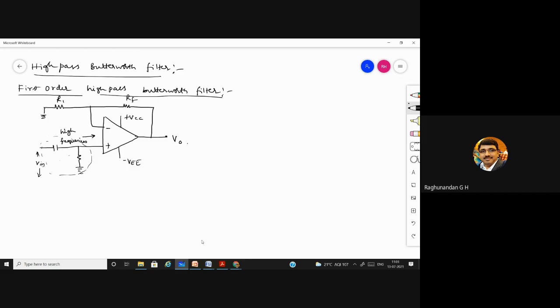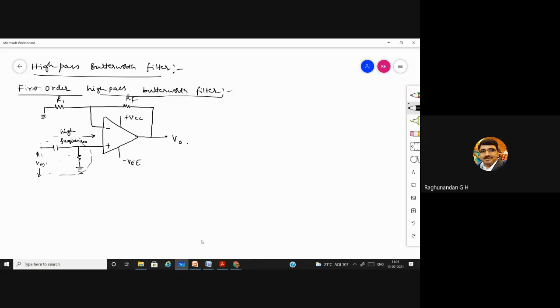Before that, since you know that the capacitor is going to allow the higher frequencies, because the reactance of the capacitor for the higher frequencies will be lesser.